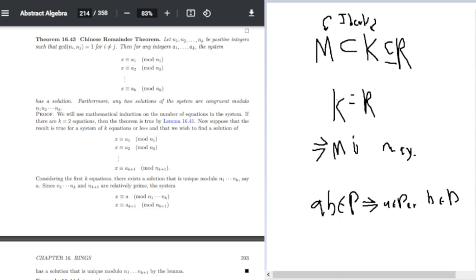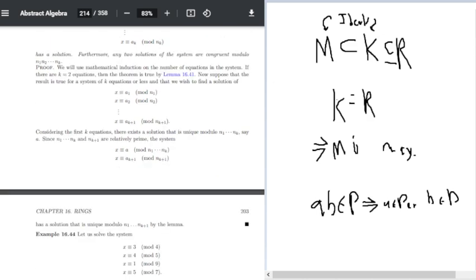Proof. We will use mathematical induction on the number of equations in the system. If there are k equals 2 equations, then the theorem is true by Lemma 16.41. Now, suppose that the result is true for a system of k equations or less, and say that we wish to find a solution of the system, but we append one extra condition to it. Considering the first k equations, there exists a solution that is unique modulo n1 to nk, say a.